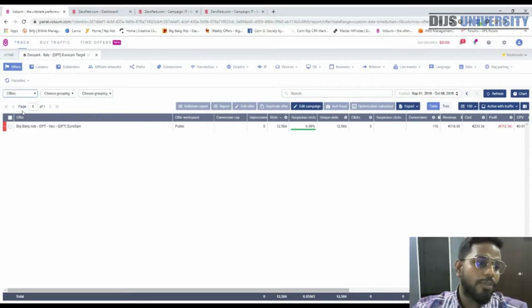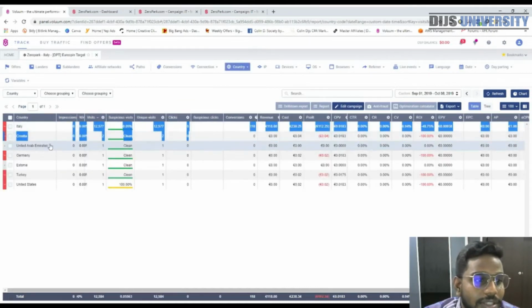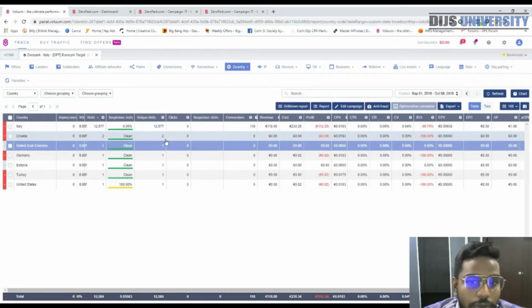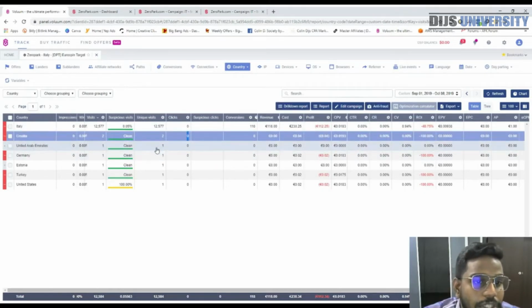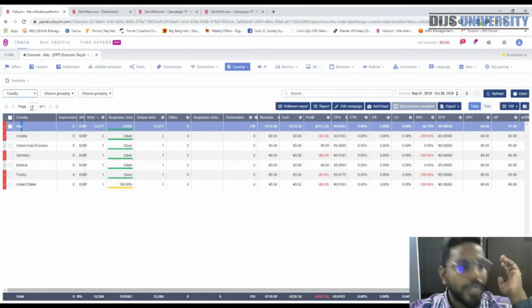You can go in depth on everything. For example, this was run in Italy, so if you press this country and then apply, everything would be in Italy. As you can see, this was the traffic source, which is not reliable, from Croatia too, but mostly from Italy. So you can segregate it with a lot of details.